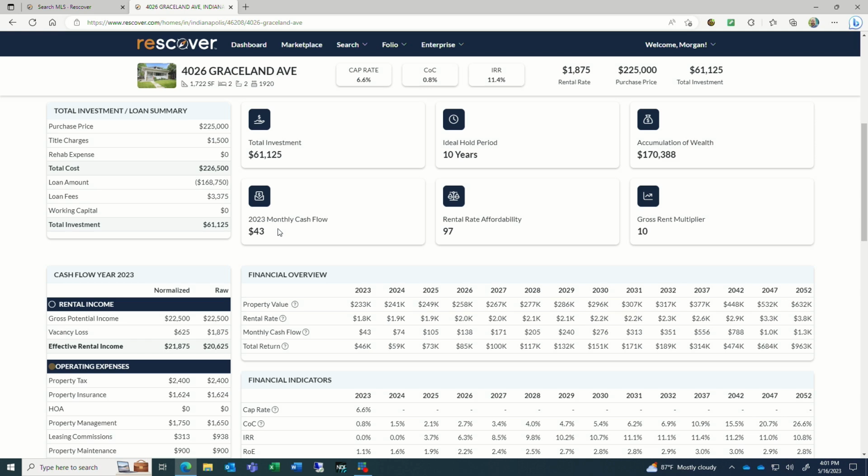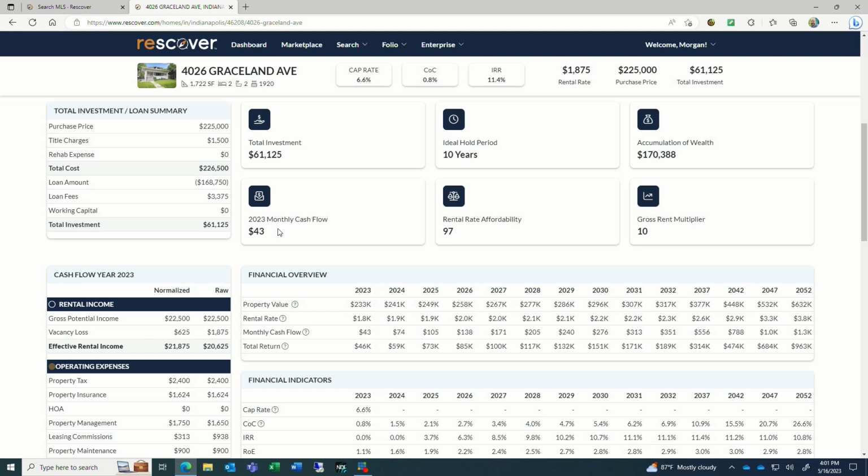The gross rent multiplier, I am not a fan. I dislike talking about the gross rent multiplier. Some people like to use it. It is the relationship between the annual rental income and the purchase price. It's a 10 on this house. It doesn't take into consideration expenses. It doesn't take into consideration amortization. It doesn't take into consideration loan payment.